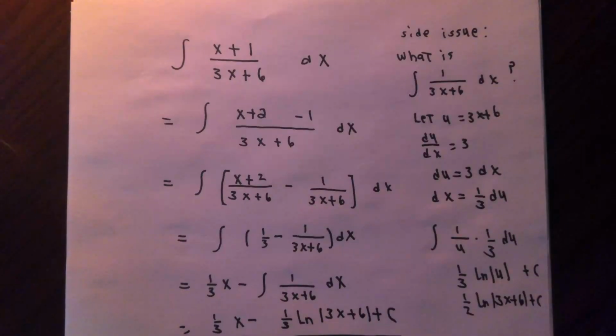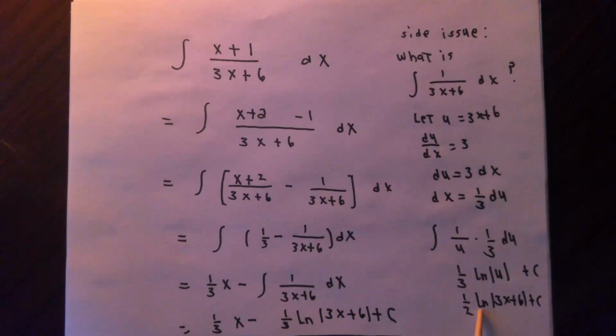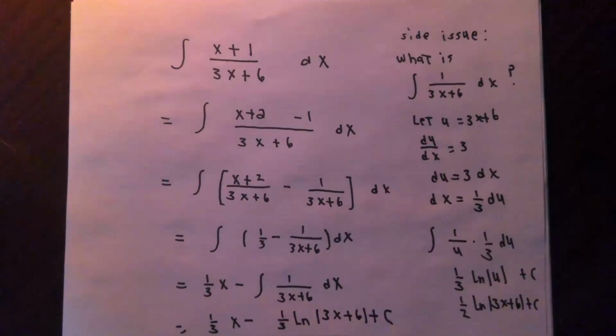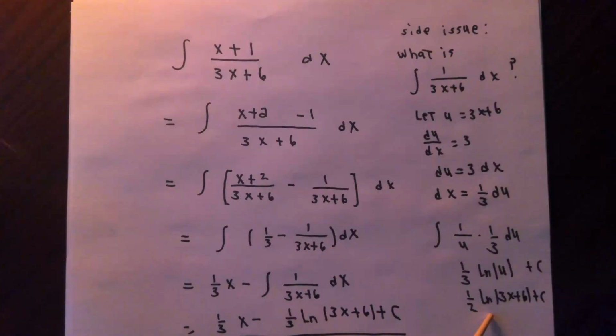I'm very nearly violating my own legibility guidelines, but this remaining integral, since it's a side issue, I decided that I had enough room over here on the side to do it in some sort of reasonably readable manner. The remaining integral works out to be 1/3 natural log absolute 3x plus 6.